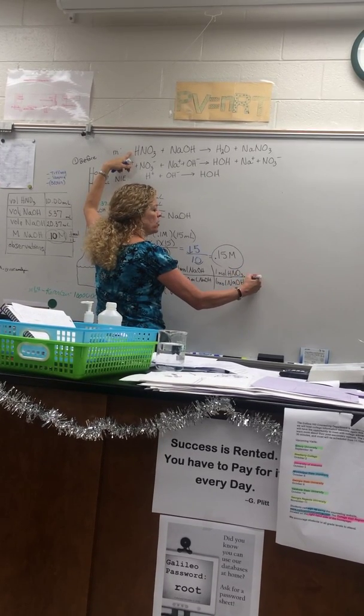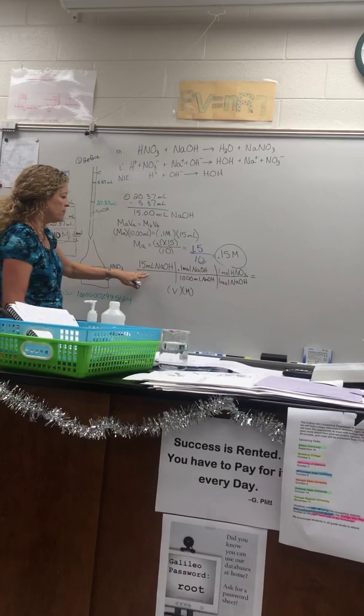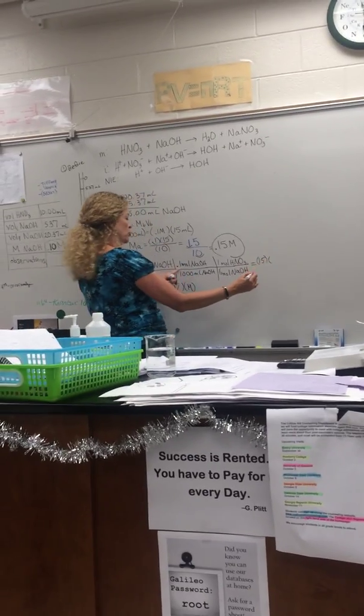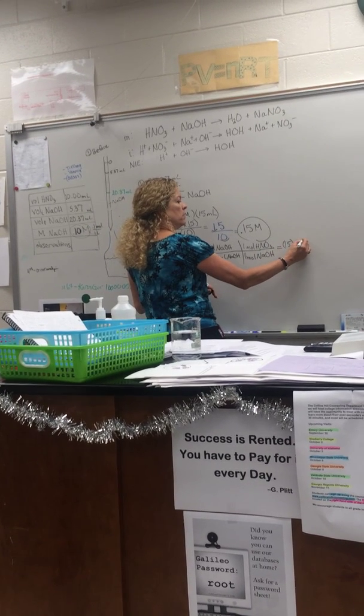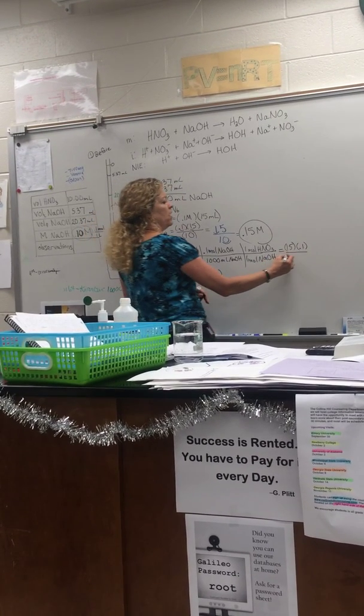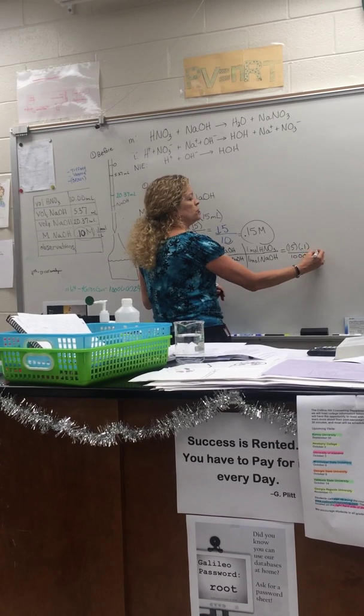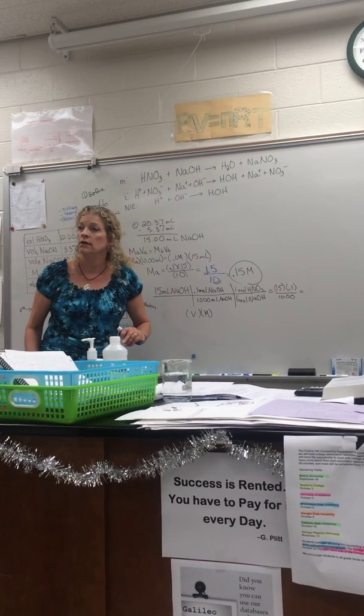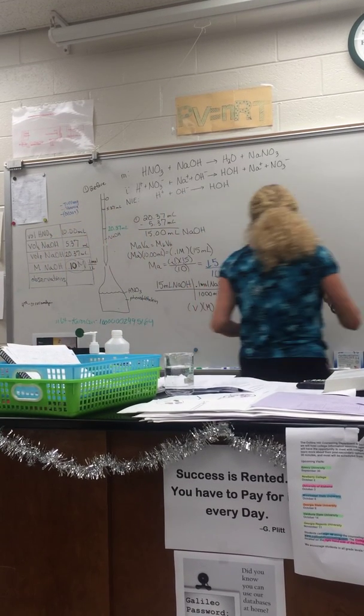Now, at this point, I'll stop my bridge. I've got 15 multiplied by 0.1 divided by 1,000. Let me do this without a calculator. What's 15 times 0.1? 1.5, right?